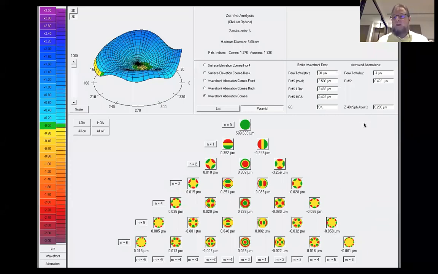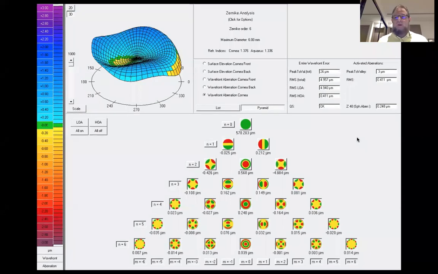By this, we can say whether the premium IOL can be implanted or not. Usually, if the RMS of the high order aberrations is more than 0.35 microns, which equals 0.5 diopters, premium IOLs cannot be implanted. So this is what I want to highlight here. This is for the left eye as well. It is here 0.411.